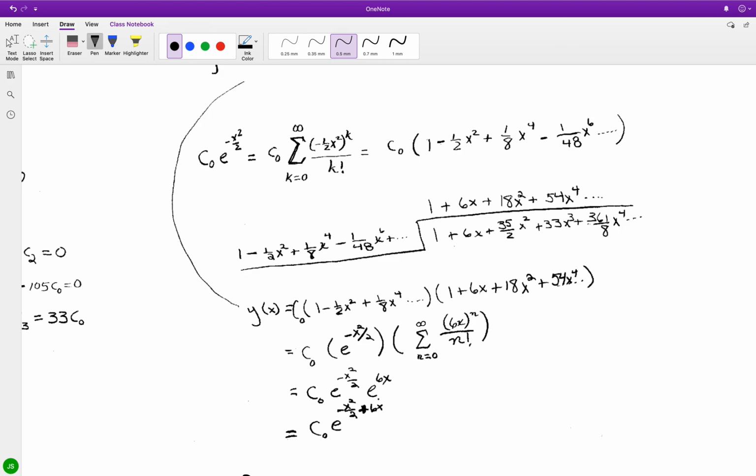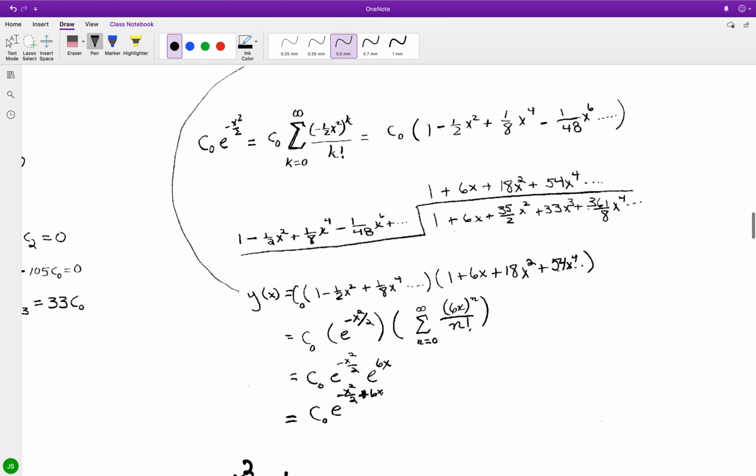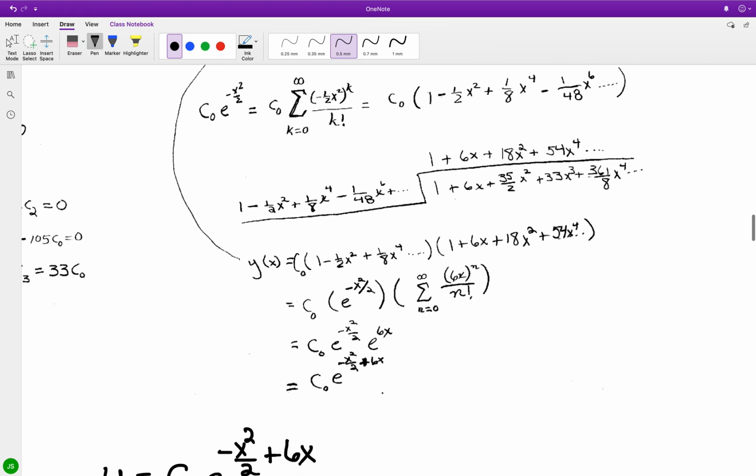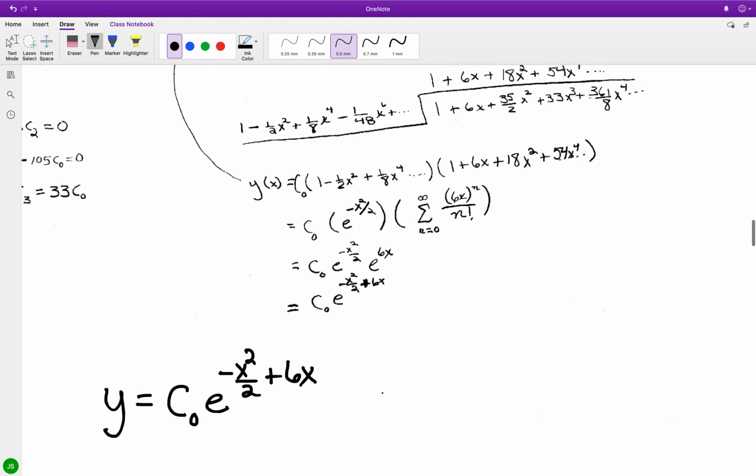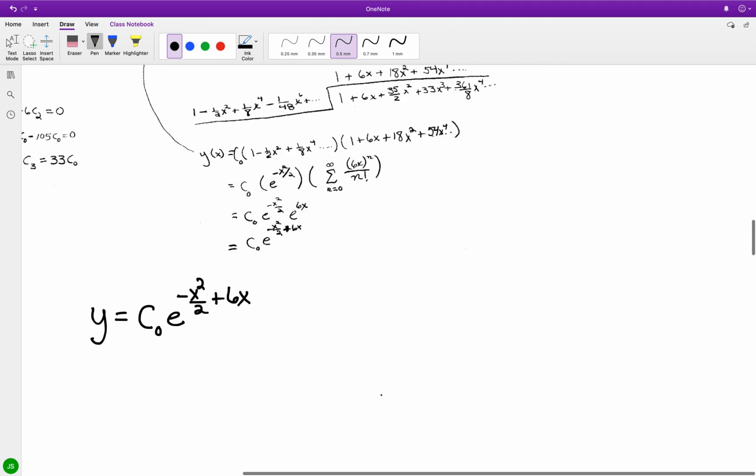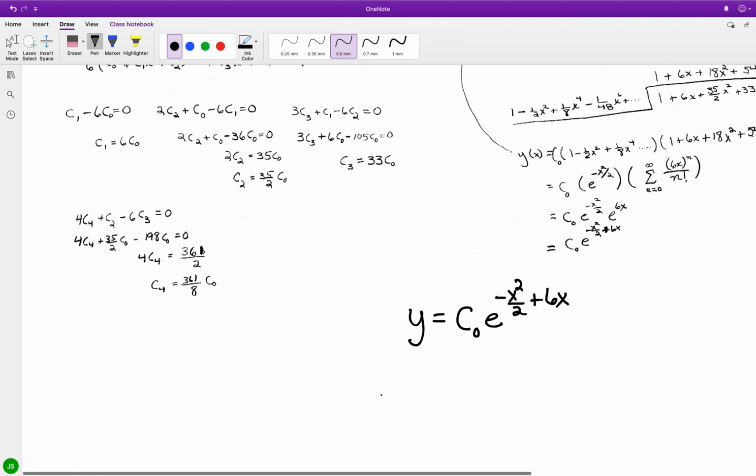So this part translates out to e to the 6x. So we have for our series solution and putting back in terms of the function, okay, we will have that y is equal to c naught times e to the negative 1/2 of x squared plus 6x. Again, to put it mildly, it's complicated.